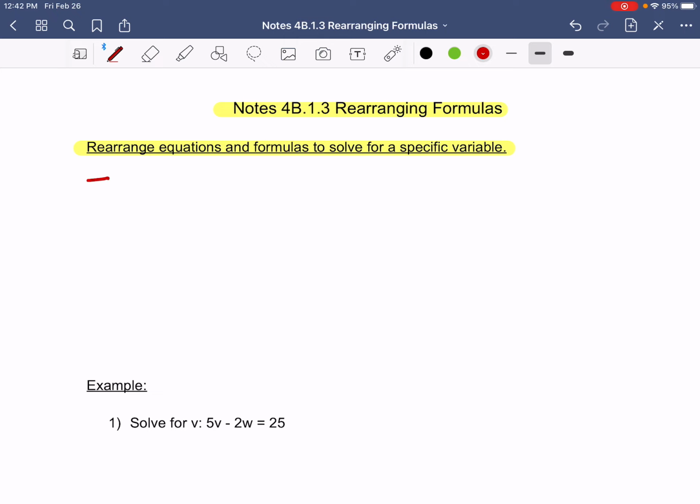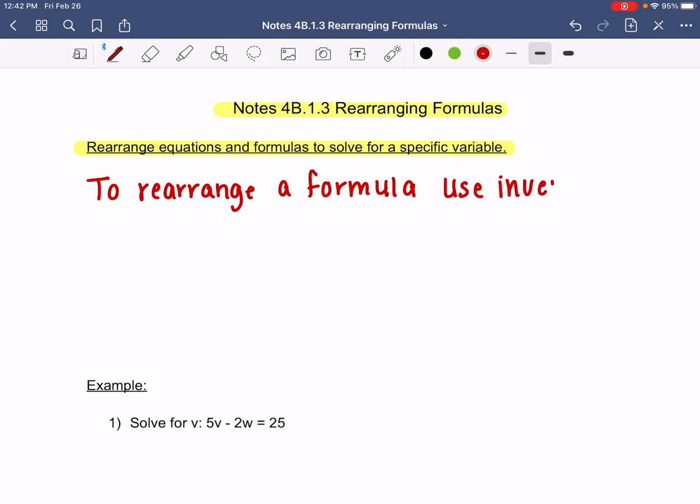But basically, to rearrange a formula, use inverse operations to get the specified variable by itself.